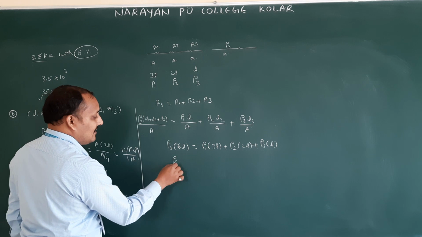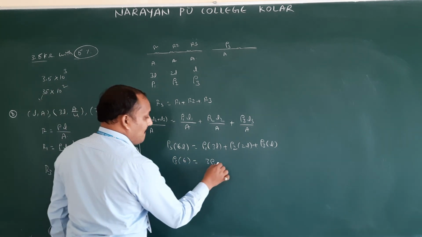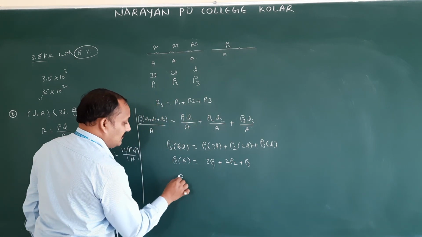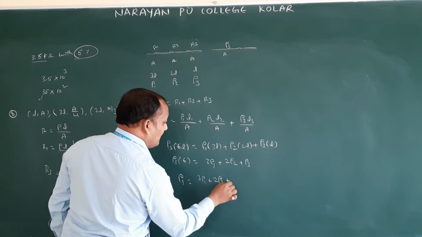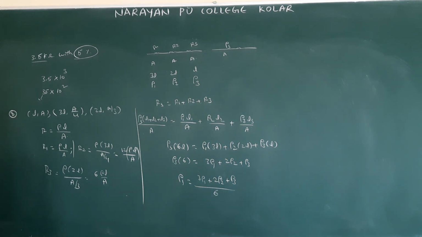Then rho S into 6 is equal to 3 rho 1 plus 2 rho 2 plus rho 3. Then rho S is equal to (3 rho 1 plus 2 rho 2 plus rho 3) by 6. So that is the resultant. So option 3.